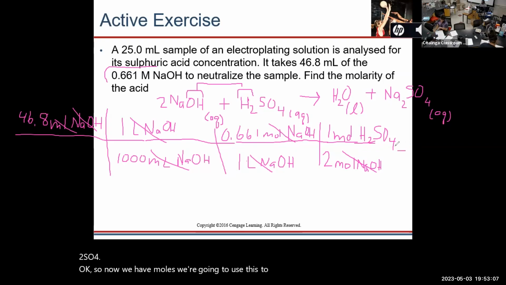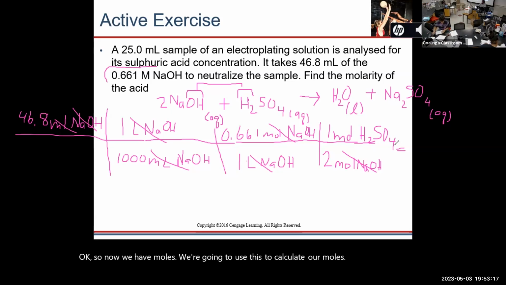We need to calculate our moles. Okay, so we're going to end up with 0.015.